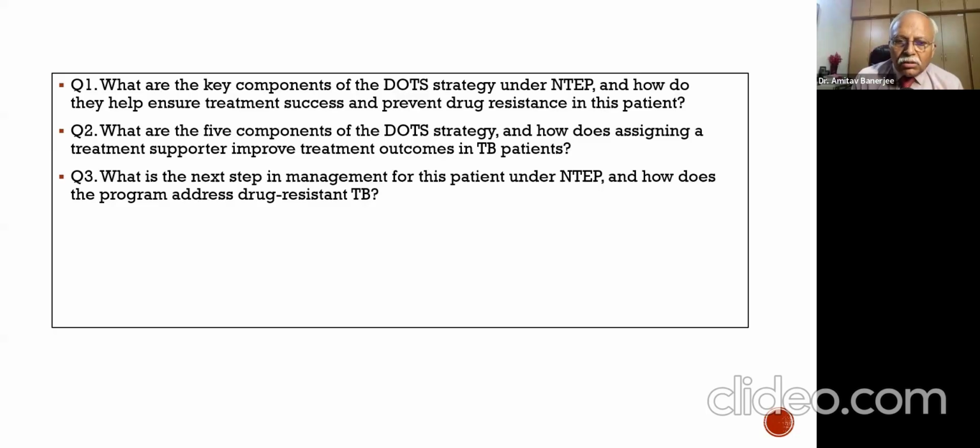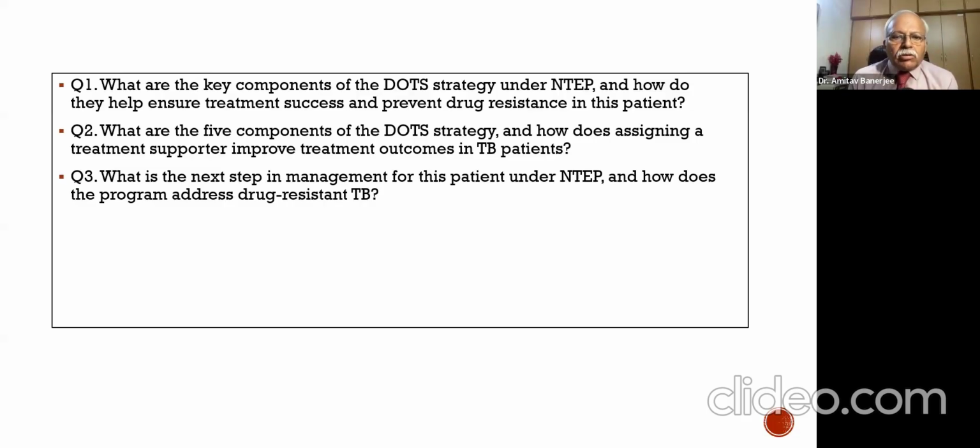And of course, there are five components: the political commitment, the availability of drugs, and patient compliance. Assigning a treatment supporter is very important, and a DOTS provider can be any volunteer, a school teacher, or the ASHA worker. ASHA workers are there.